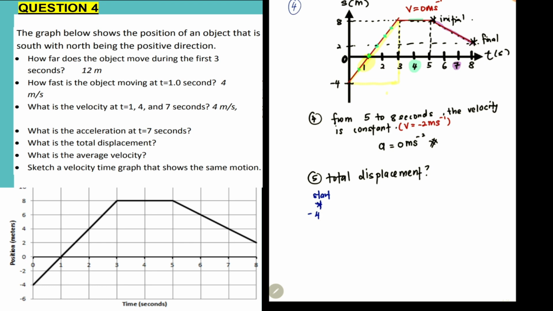Okay, and then move here, which is 0 meter. And then negative 4 to 0, 0 to 8 meter. So we have negative 4 and 0 to 8 meter.